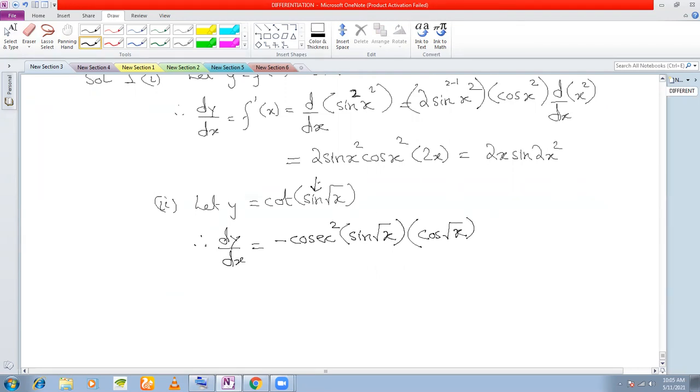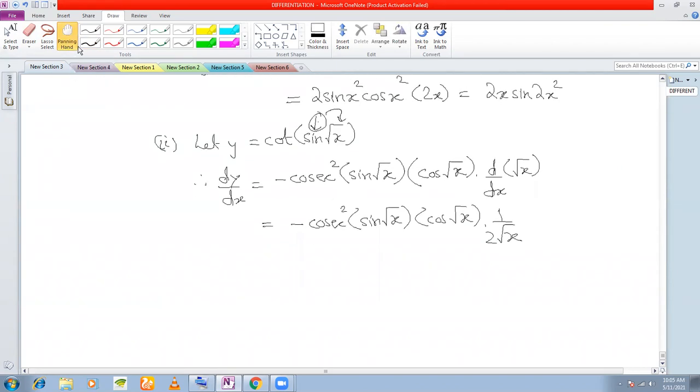And now, after having taken care of this sine, you see what is inside the sine. Inside the sine you have root x. So you differentiate root x. So what you get ultimately is minus cosec square sine root x into cos root x into 1 by 2 root x.